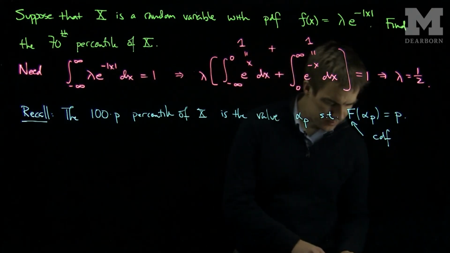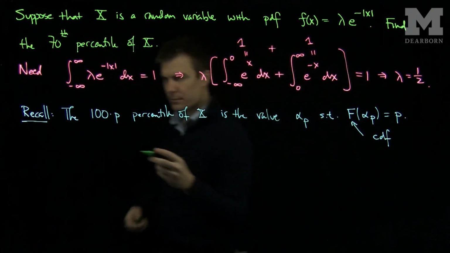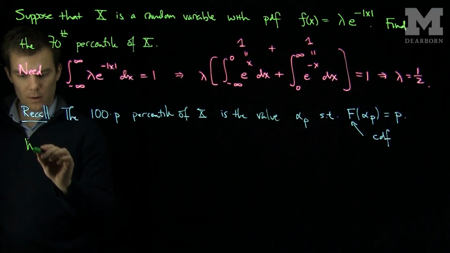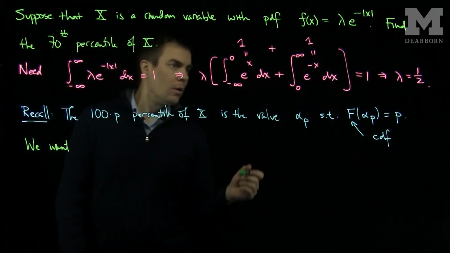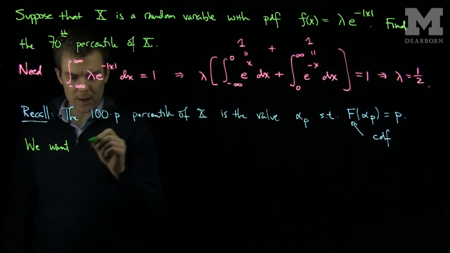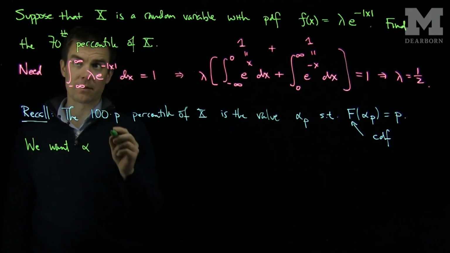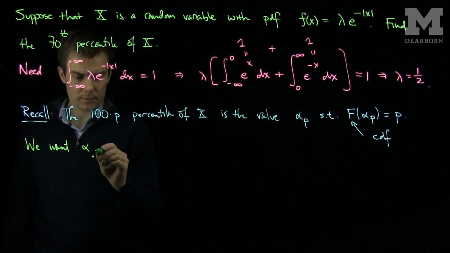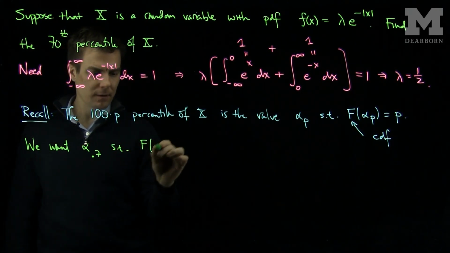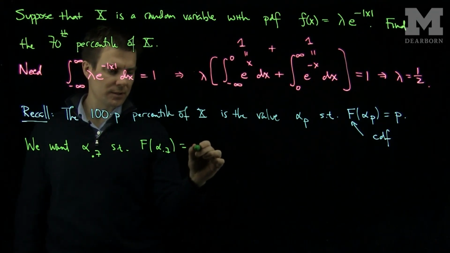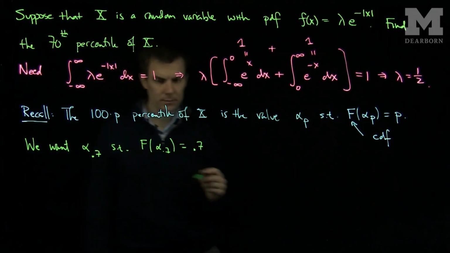So what do we want? We would like alpha p, or in our case alpha 0.7, such that F of alpha 0.7 is equal to 0.7.